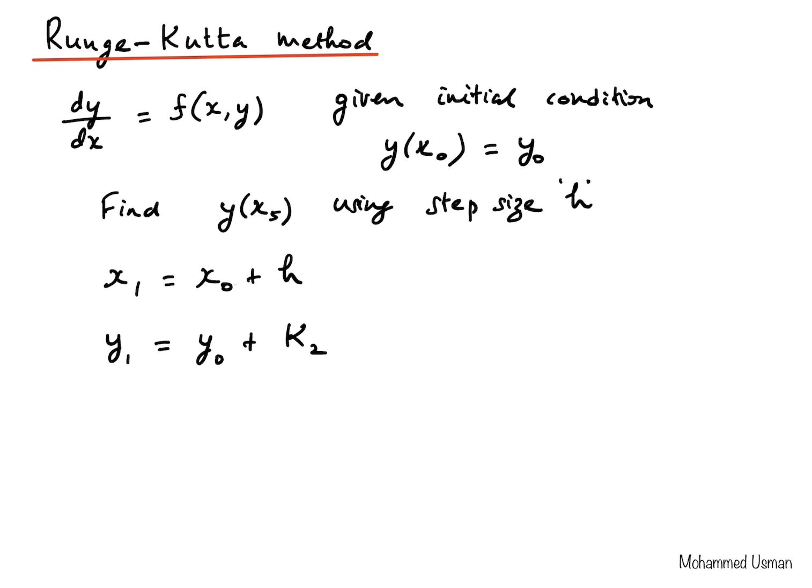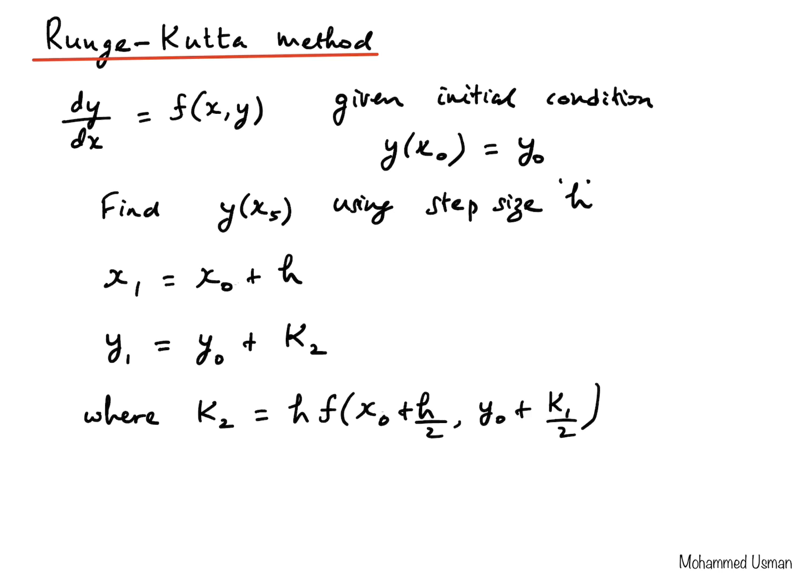So we define this parameter k2 as h into f of x naught plus h by 2, comma y naught plus k1 by 2.